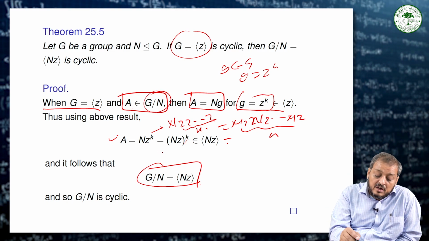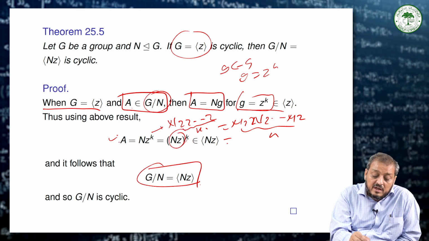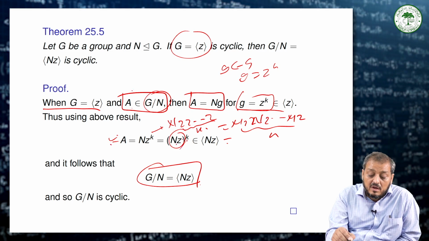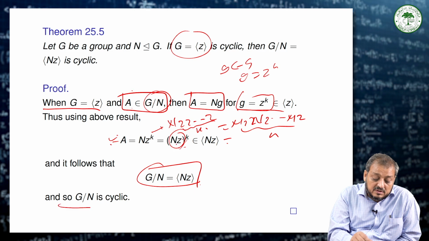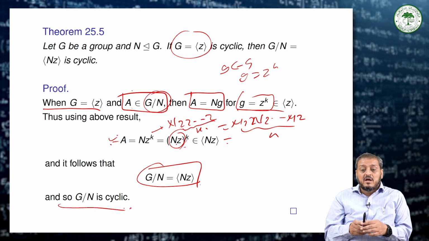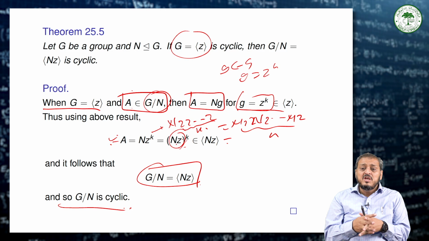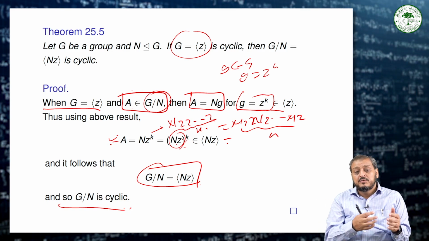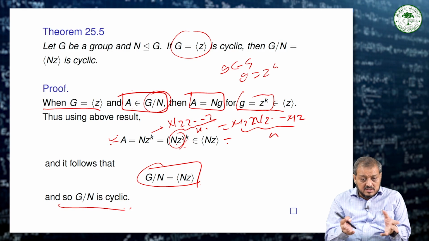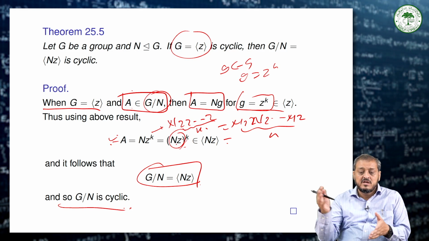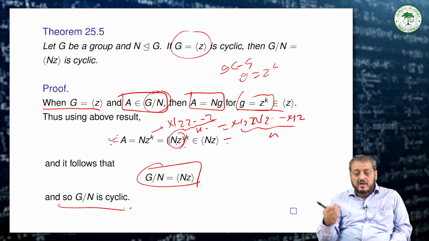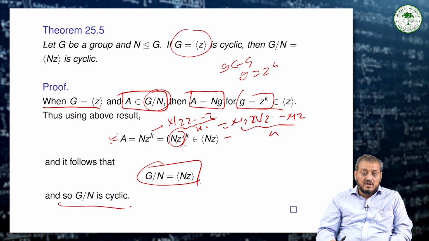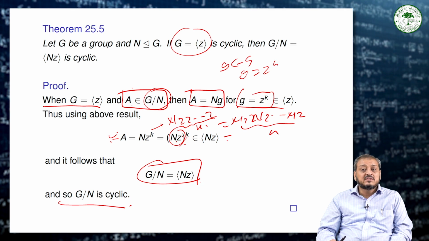If G/N is generated by some power of NZ, then A is generated by an element of this. So clearly G/N is generated by NZ, and so G/N is cyclic, generated by some powers of NZ.